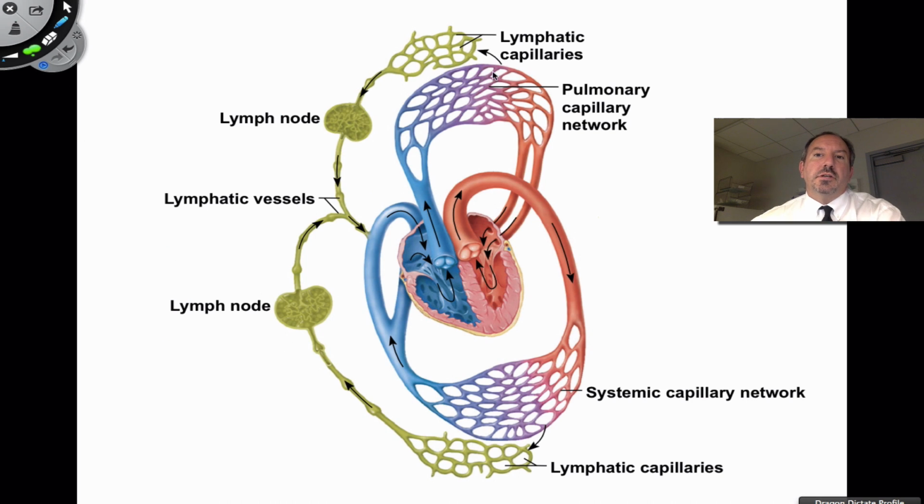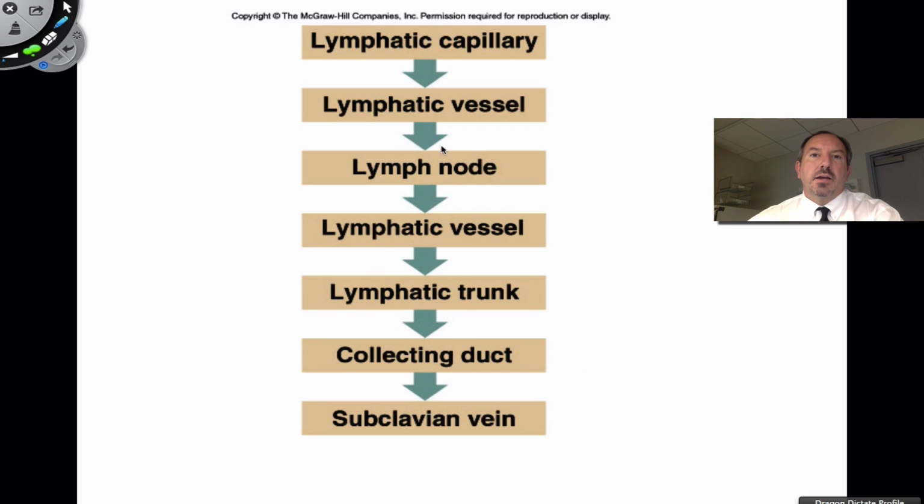And so as you can see here, there are lymph capillaries. Here are your 2 nodes, and here are some lymph vessels that are entering into the circulatory system here. Now, you're going from the tiniest vessels of all, the lymphatic capillaries, into a little bit larger ones, sort of like the circulatory system, going from very thin to something a little bit larger.